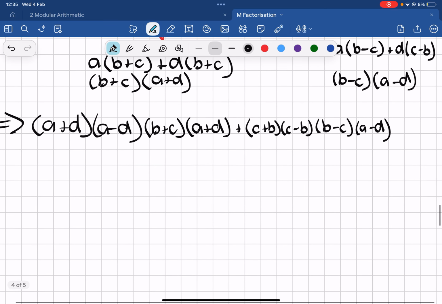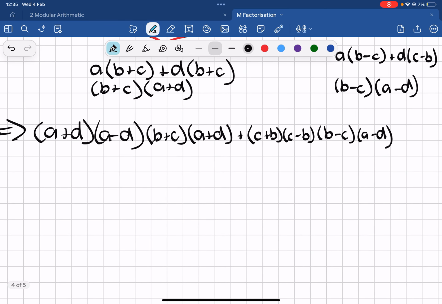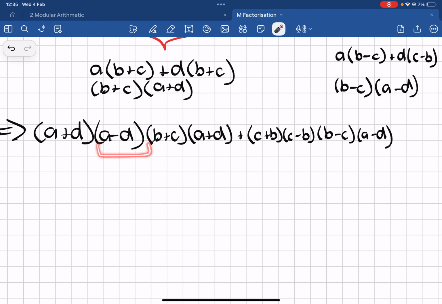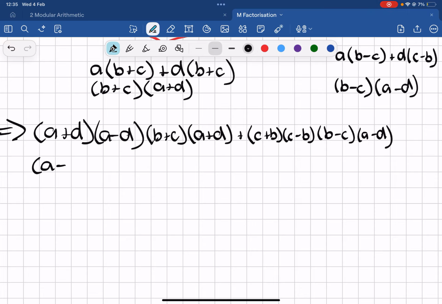Can we factorize anything from both these terms? So a minus d can come out. We can also have, oh, there's b plus c here. And is there any way we can get b plus c here? Yes, we can. So we can have a plus d, a minus d, and then b plus c. The way we can do this is put a negative here, and that should become b plus c.